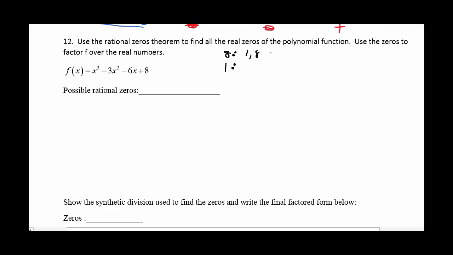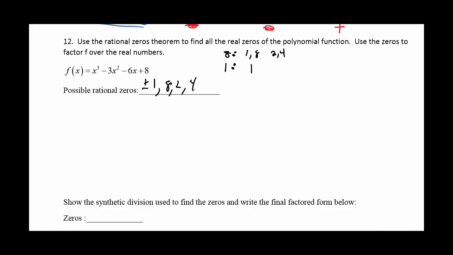So 1 and 8, 2 and 4, and that is it. And then 1 happens to be just the number 1. So my possible rational zeros are going to be plus or minus every number in the first list divided by every number in the second list. So 1 over 1, 8 over 1, 2 over 1, 4 over 1. So I end up getting 8 possibilities: plus or minus 1, plus or minus 8, plus or minus 2, and plus or minus 4.